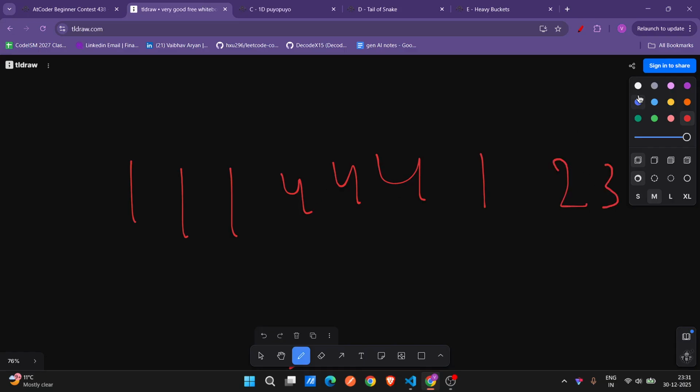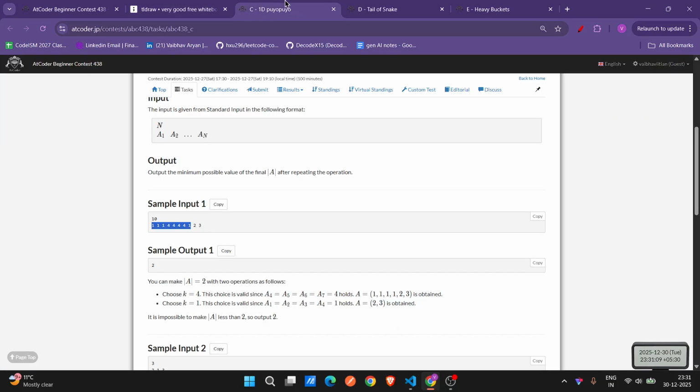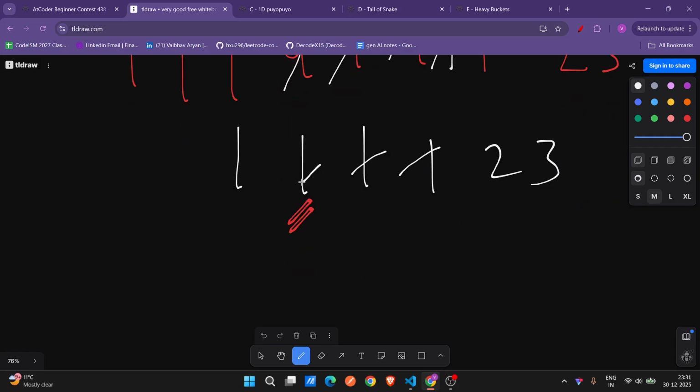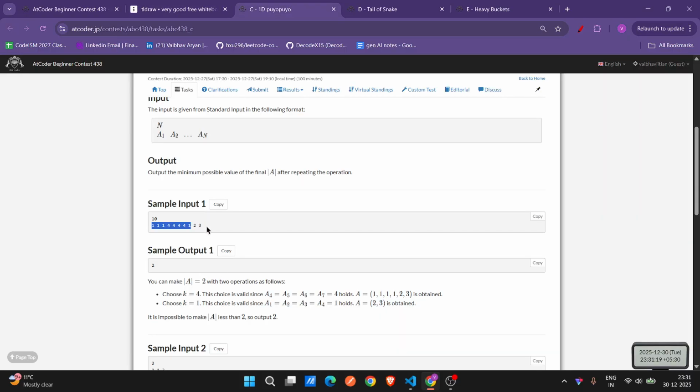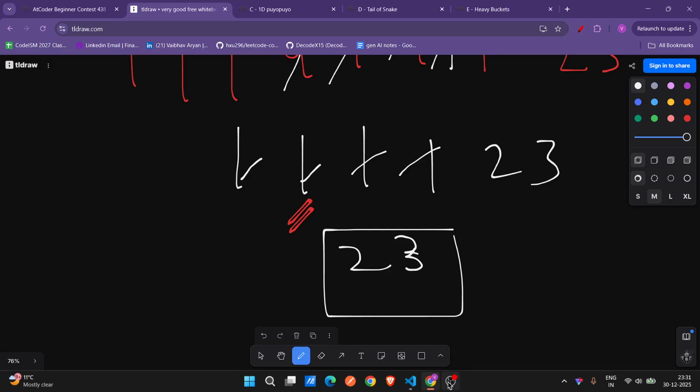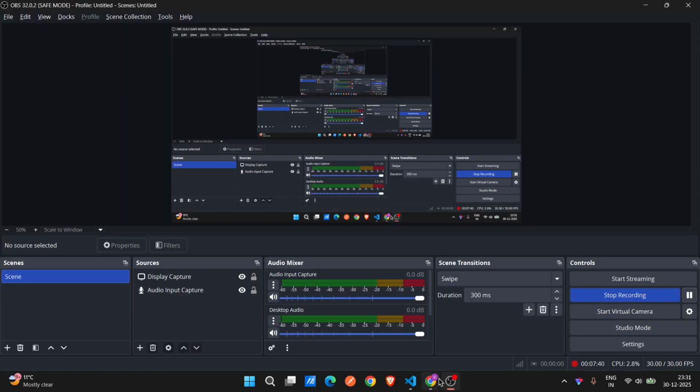When you remove these 4 4 4 4, you only have 1 1 1 1 and 2 3. Again you can remove these, and you are left with only 2 3, and you only have to print the final value of the array, which is 2 3.